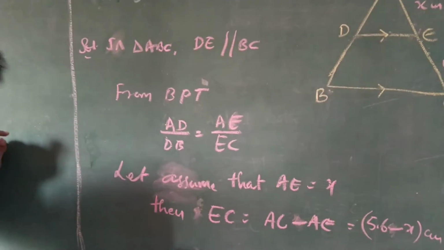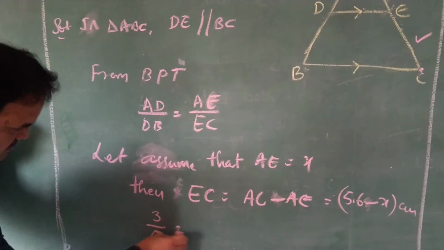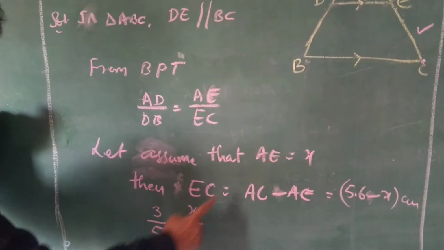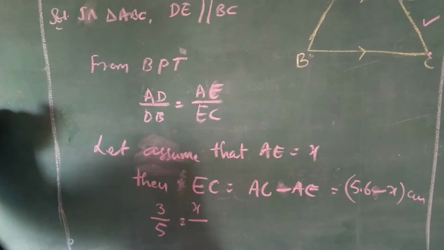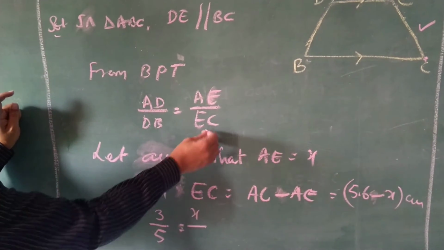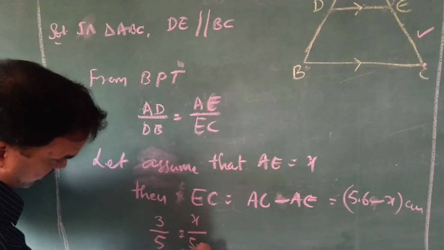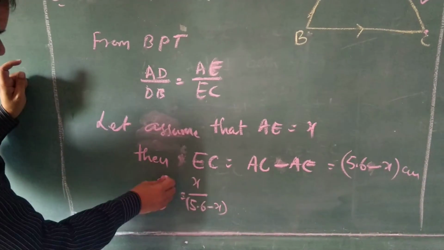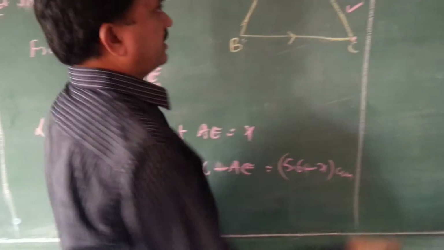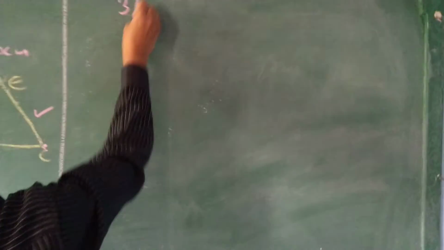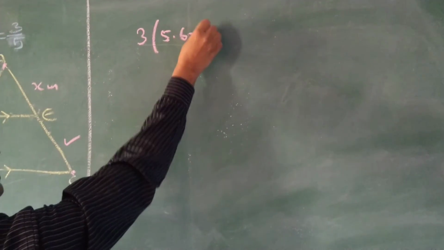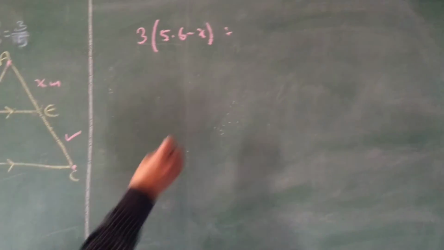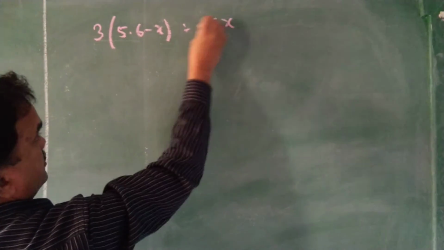Apply these values in AD by DB is equal to AE by EC: 3 by 5 is equal to x by 5.6 minus x, keeping it in brackets. Then you do a cross multiplication: 3 into 5.6 minus x is equal to 5 into x.